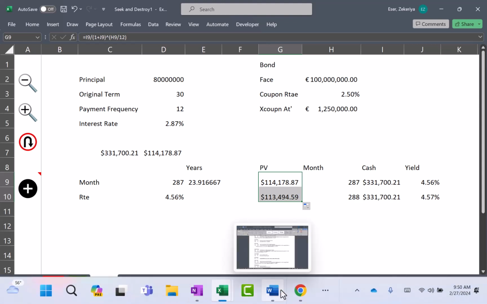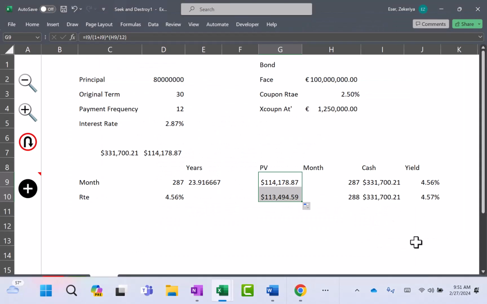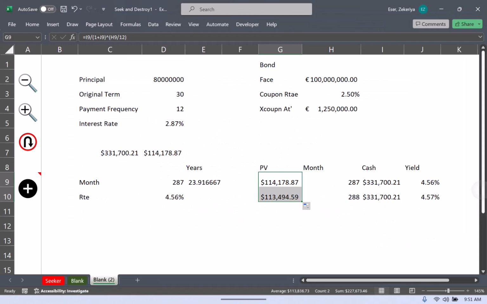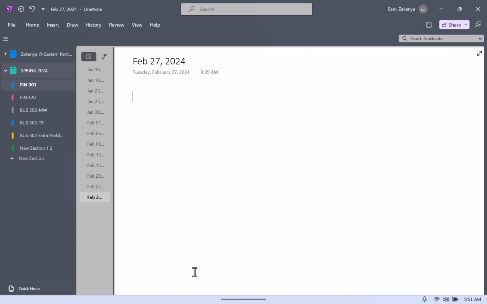Then on number C, calculate the Macaulay duration and financial duration. A, you already have the VBA functions for that. But if you don't, think about what those are. Macaulay duration. Suppose you have n payments, okay?